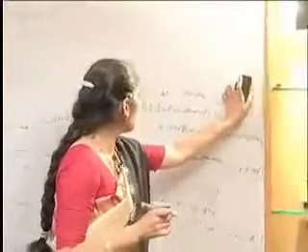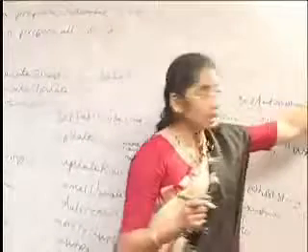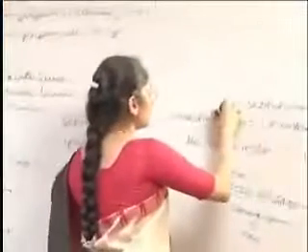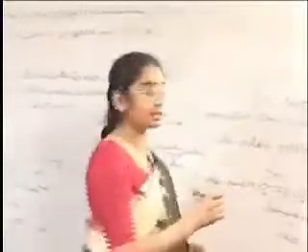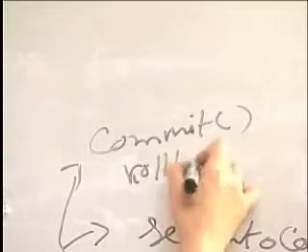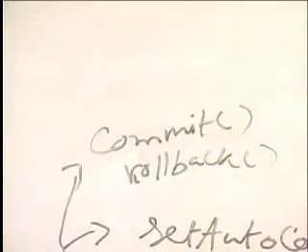So set this auto commit to false so that your statements are not automatically committed, in which case you have to explicitly commit or roll back your transactions by calling the commit or rollback methods from the connection interface.